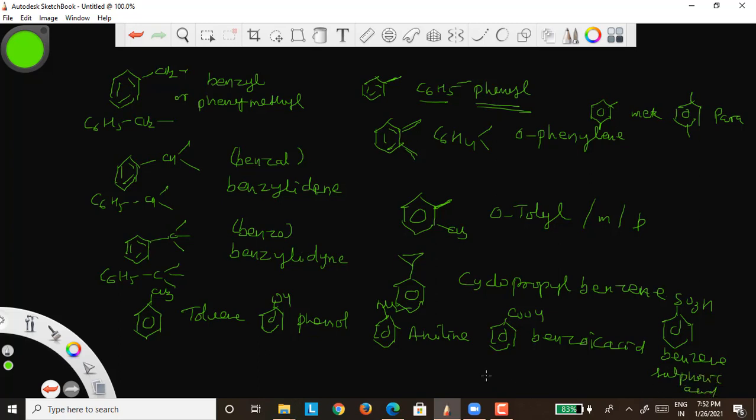Okay. Similarly, suppose two methyl groups are connected. So CH3 is there, again CH3 is there. If two methyl groups are connected, then it is known as xylene. It may be orthoxylene, metaxylene, or paraxylene. Suppose 1-2 position orthoxylene, 1-3 position, here 1, here 3, metaxylene, 1-4 position paraxylene.